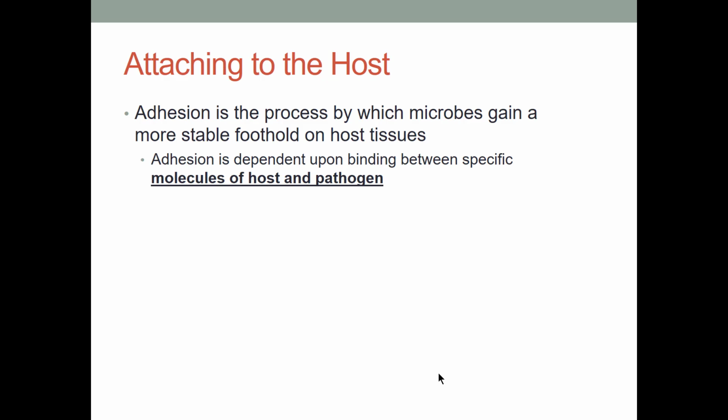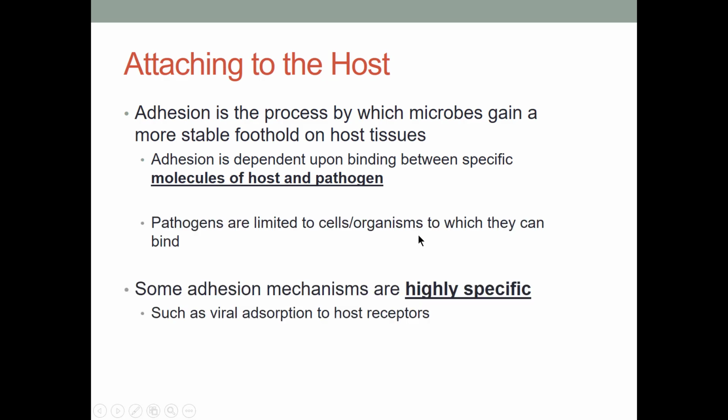Now, when you're looking at establishment, microbes have to come through a portal of entry in a sufficient dose in reference to the host condition, and then they need to be able to attach in almost all situations. Attaching is a way to gain a more permanent foothold, and this is specific to the individual pathogen at hand. We've discussed some of these in the past.